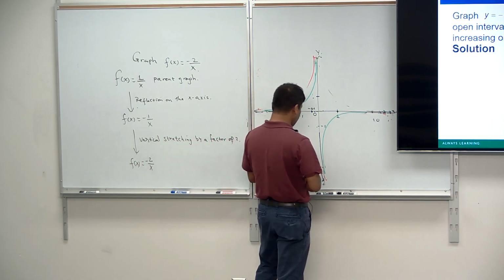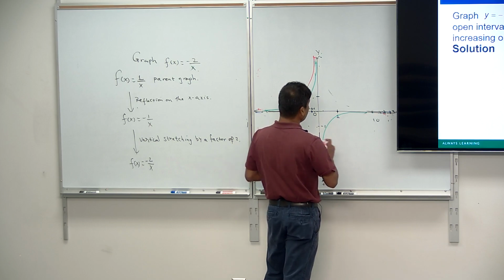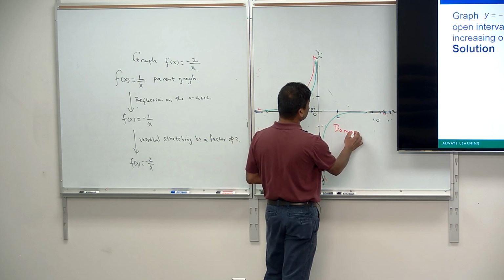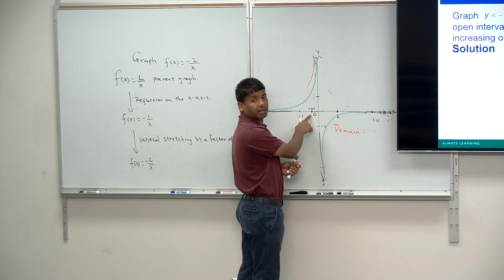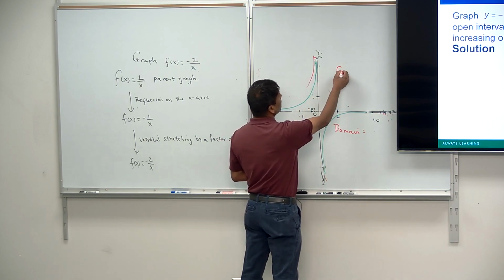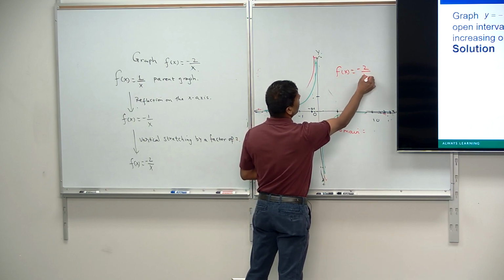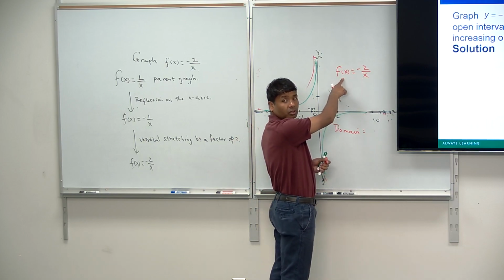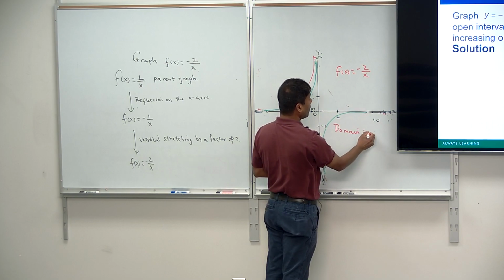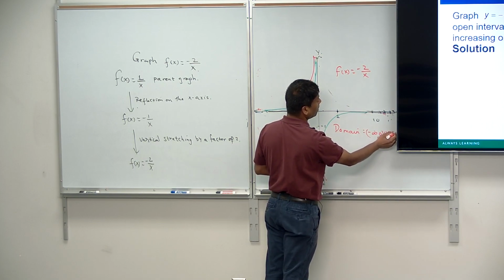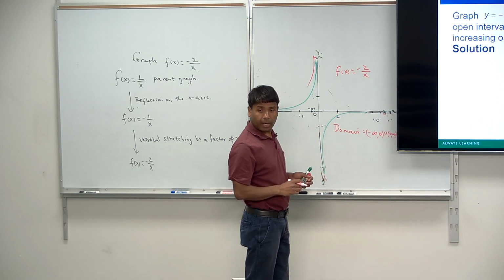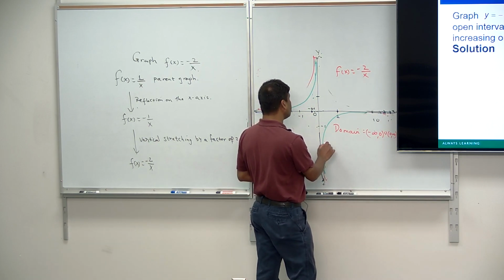You see, the function is discontinuous only for the value of x equal to 0. Is that right? They're looking at the function because f(x) is negative 2 over x. If x is 0, this will be what? Undefined. So the domain is negative infinity, comma 0, union 0, comma positive infinity. Okay? And what about range?